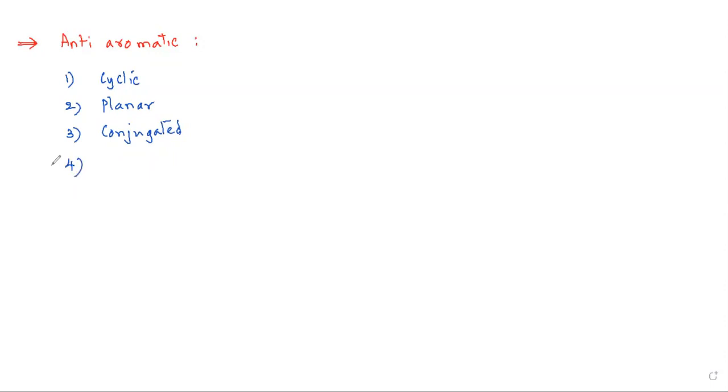Only difference is these have 4n pi electrons. So this is the basic difference. Cyclic, planar, conjugated. These are common to both aromatic and anti-aromatic.